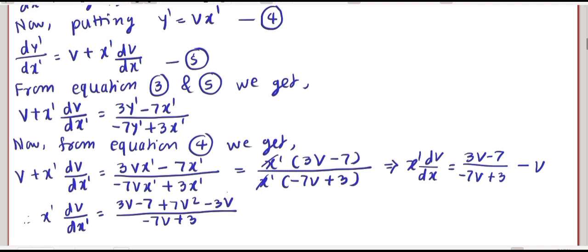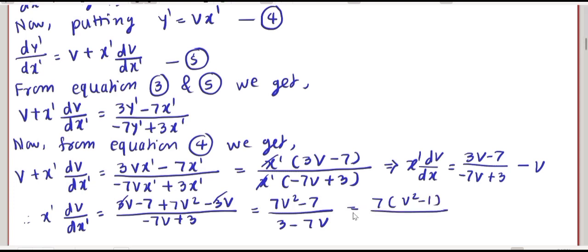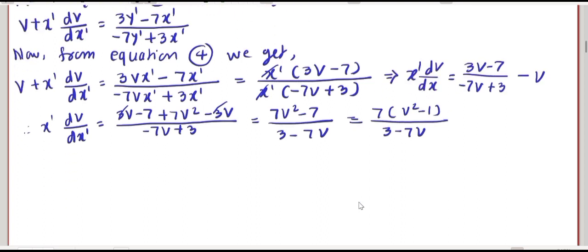So minus 3v and plus 3v get cancelled. We get here (7v square minus 7) divided by (3 minus 7v). So taking the 7 common, we get 7 into (v square minus 1) divided by (3 minus 7v). Now we have to separate the variables.